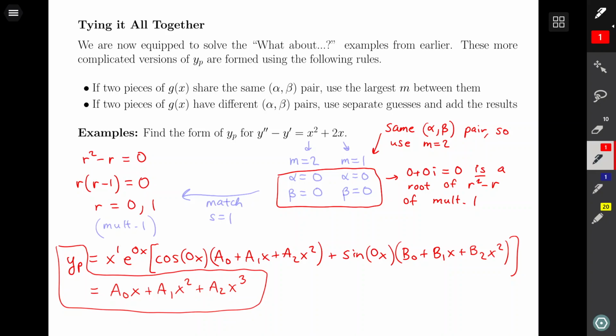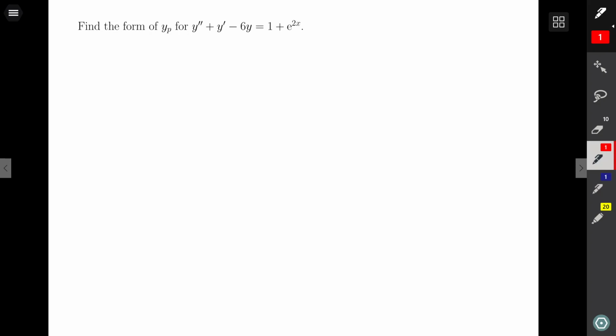Let's try another one. y double prime plus y prime minus 6y equals 1 plus e to the 2x. Same procedure. Auxiliary polynomial: r squared plus r minus 6, set that equal to 0.